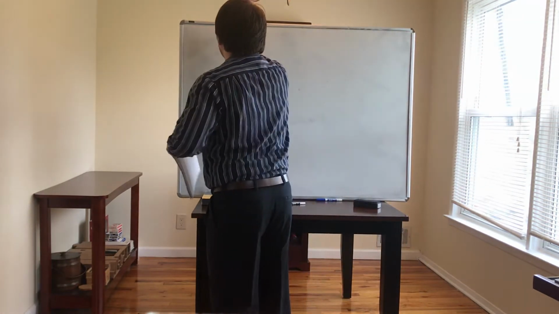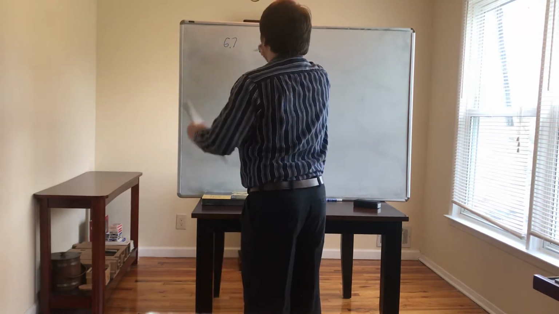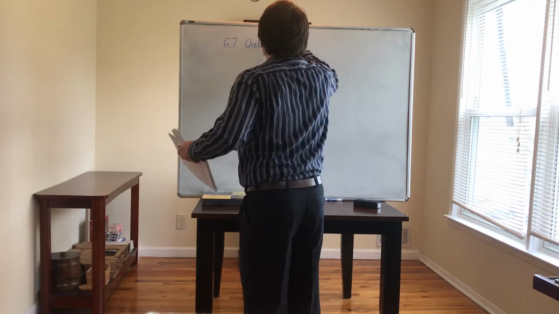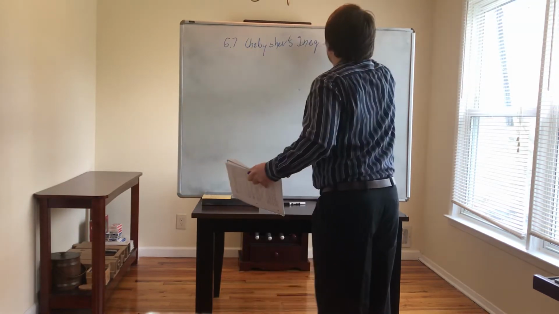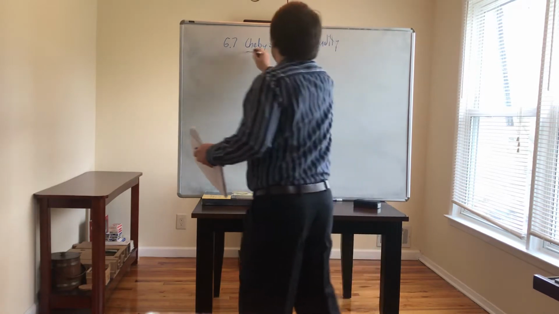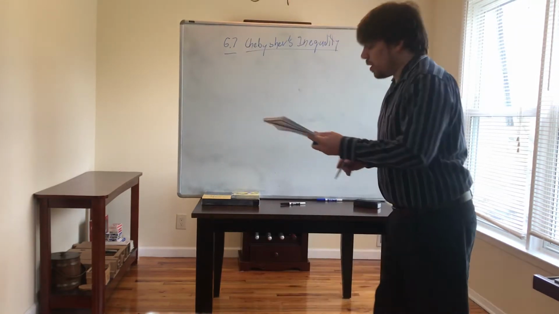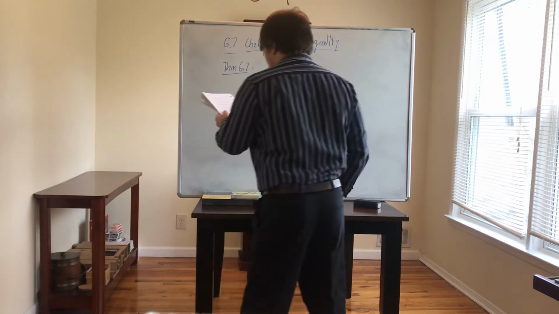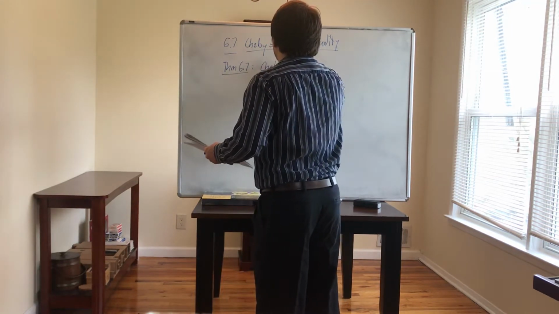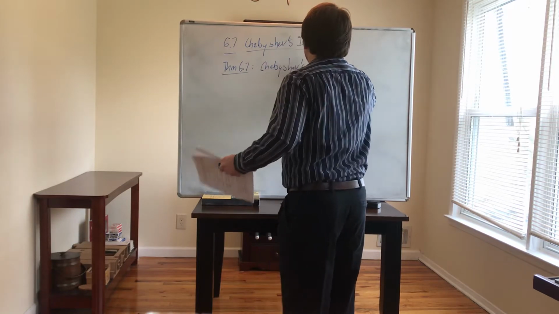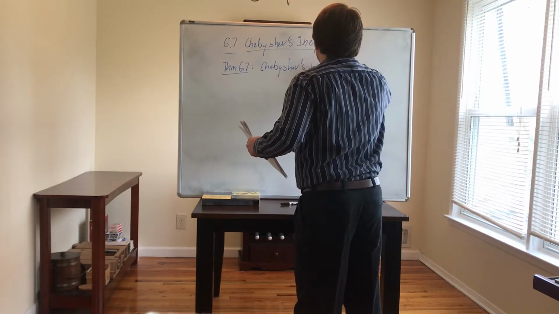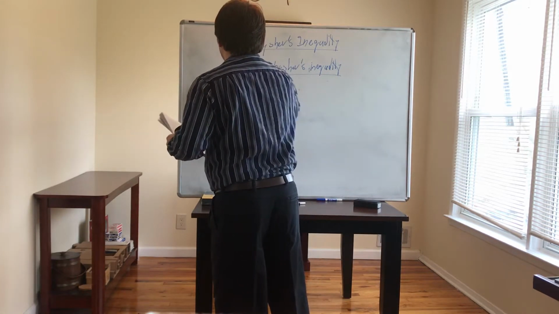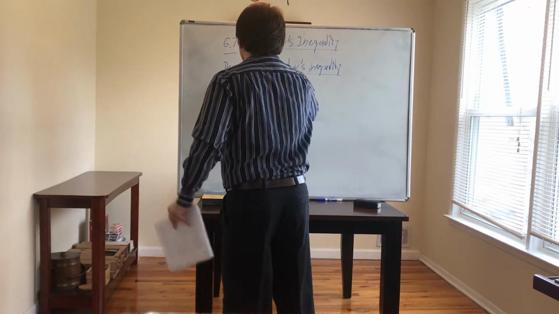Okay, so 6.7 is on Chebyshev's inequality. Theorem 6.7 is Chebyshev's inequality. It says let capital X be a random variable.